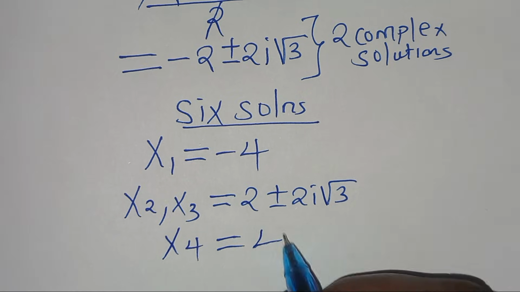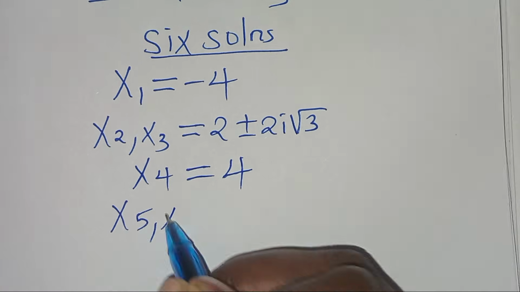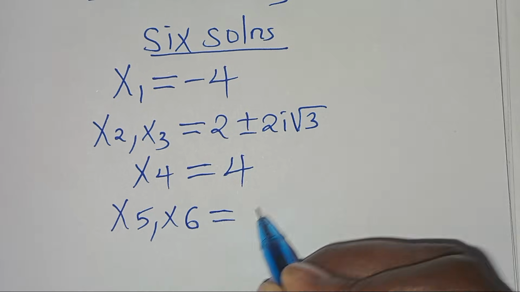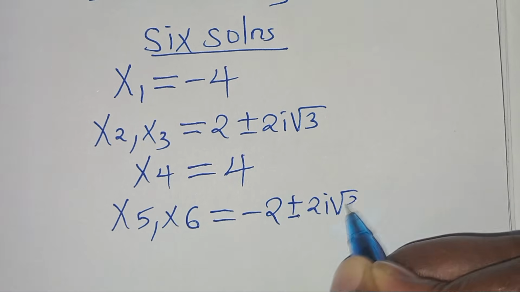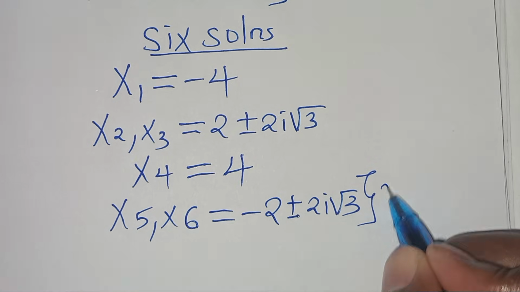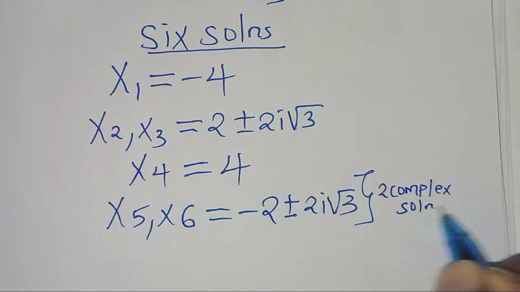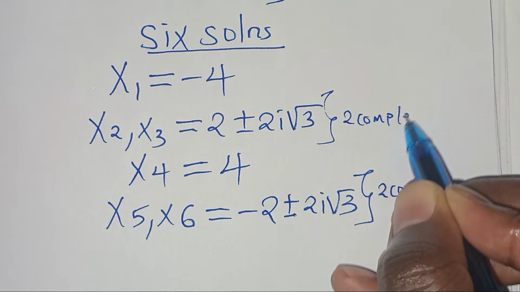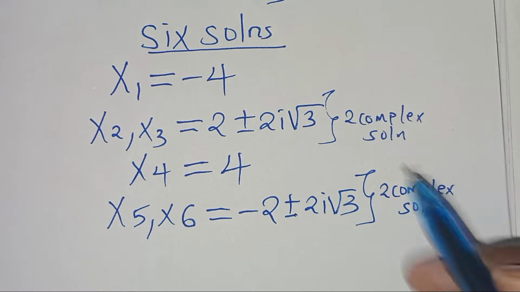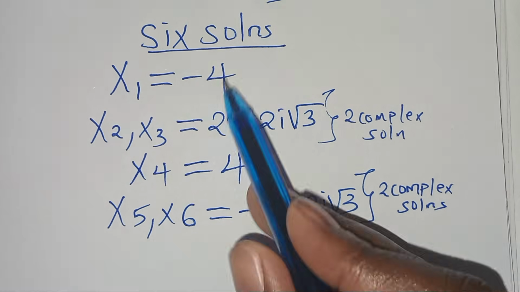This is equal to 4. And then we have x5, x6, which is equal to minus 2 plus or minus 2i square root of 3. So these are two complex solutions, these are two complex solutions, and also these are two complex solutions. So we have 4 complex solutions and only 2 real solutions here.